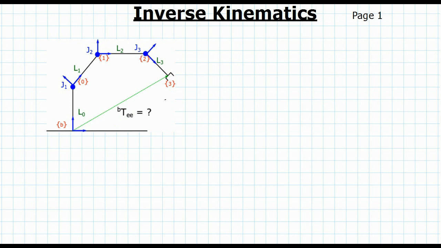But in the real world, when we are using a robot, we actually care a lot more about the inverse problem. We know where our target object is. So let's say that we would like our end effector to grab that object. Let's draw an object here.